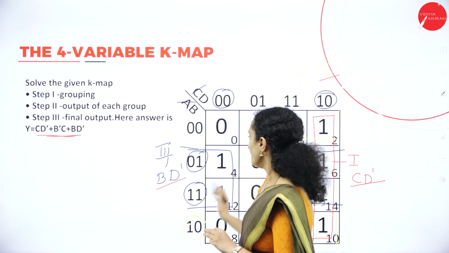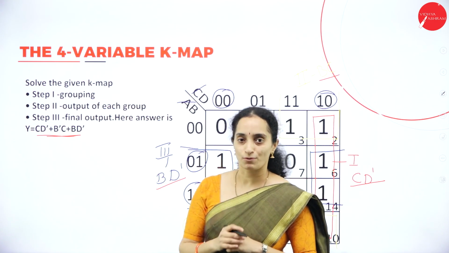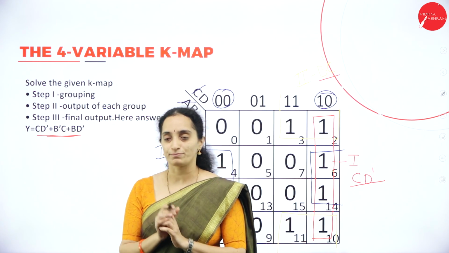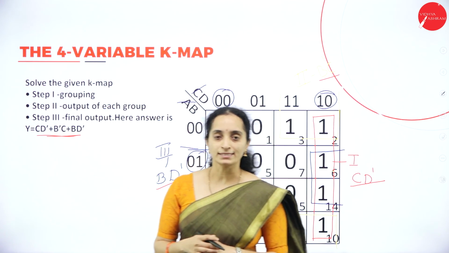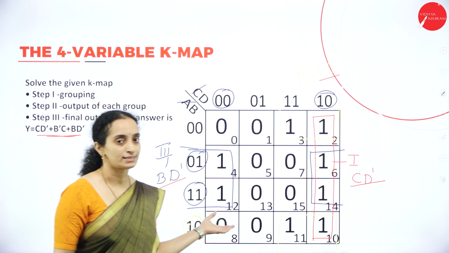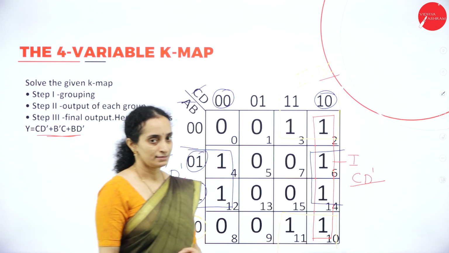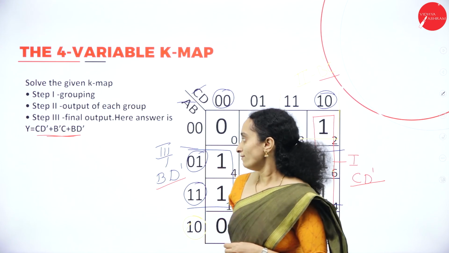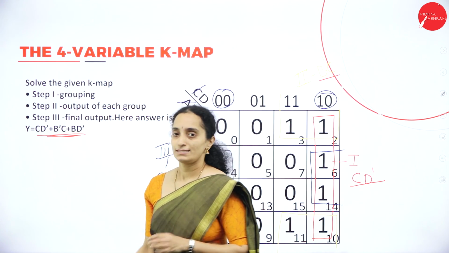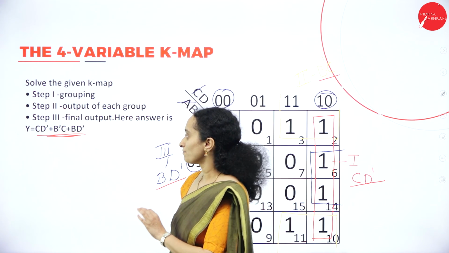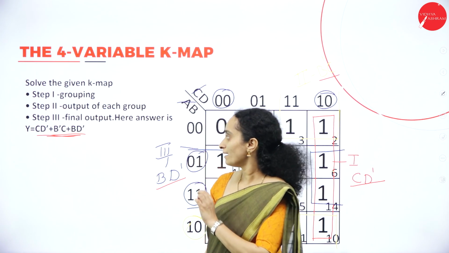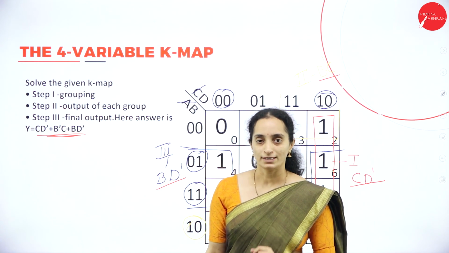You can try to minimize the number of groups so that the number of minterms will be minimized. But you don't have any chance of minimizing the groups in this. You can have only three groups. Now we have the expression C into D dash plus B dash into C plus B into D dash.